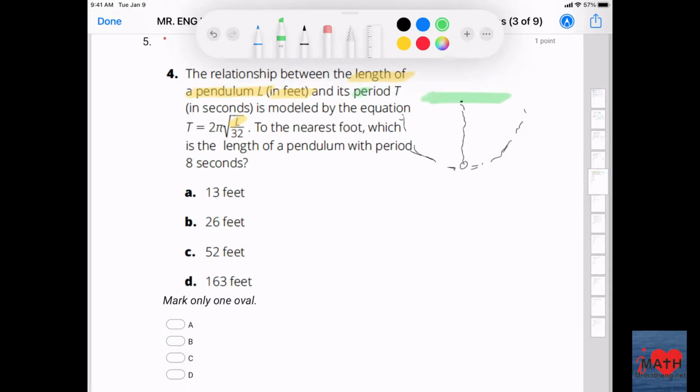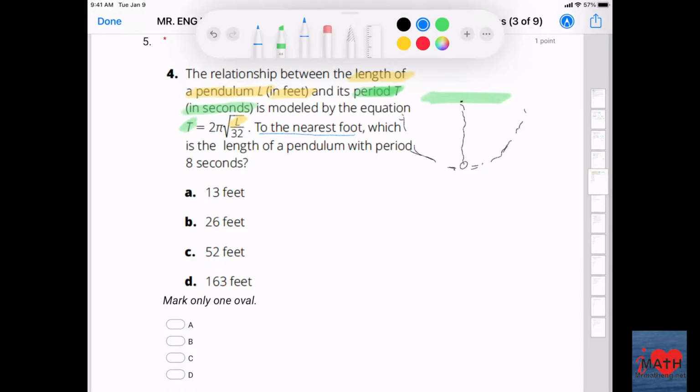Then it tells us the period is called T, and I think T stands for time, which is measured in seconds. That's its units. Now we're going to use our reading skills here. To the nearest foot, which one was foot, L or T? Length or time?